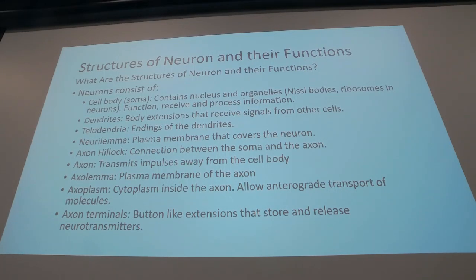The cytoplasm within the axon is called the axoplasm, and this allows the transport of molecules from the body into the axon terminal, which will be the ending of the axon. The axon terminal sometimes has a little expansion that looks like a button, a button-like extension. The function of the axon terminal is to store and release neurotransmitters.